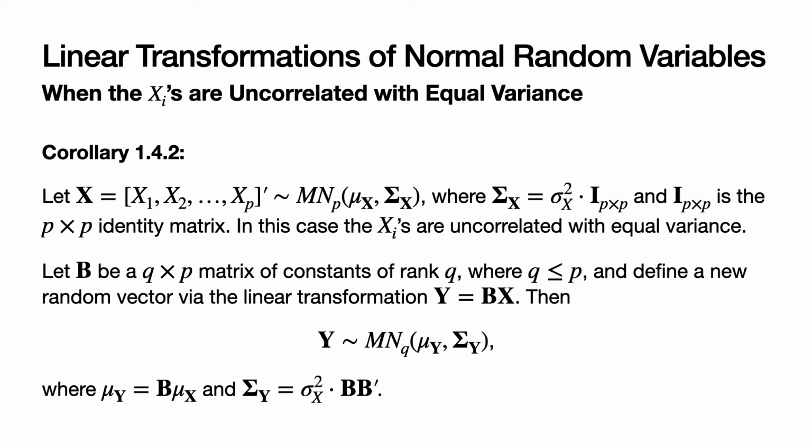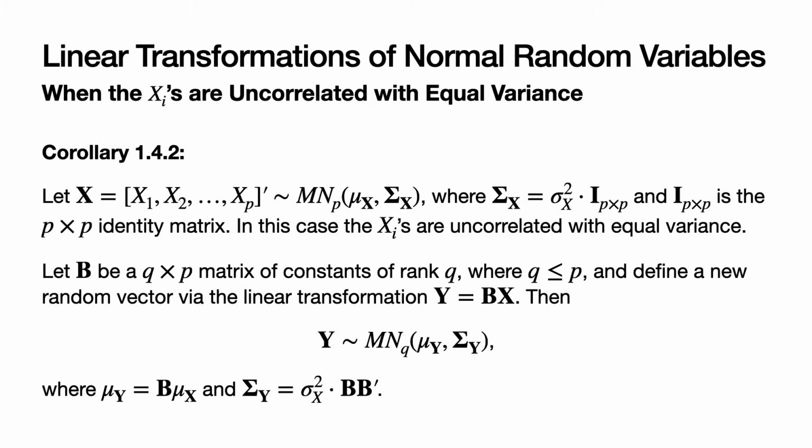Next, let B be a q by p matrix of constants of rank q, where q is less than or equal to p, and define a new random vector via the linear transformation B times x. So we'll call that new random vector y.